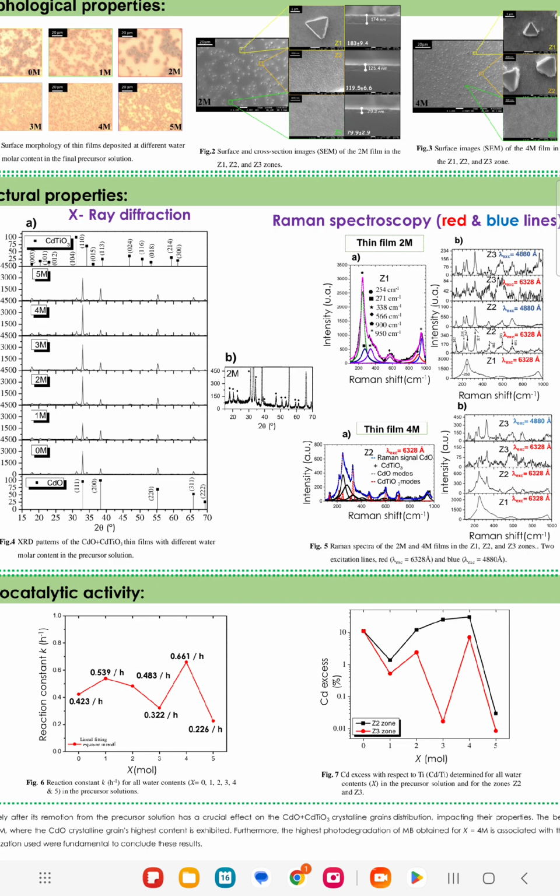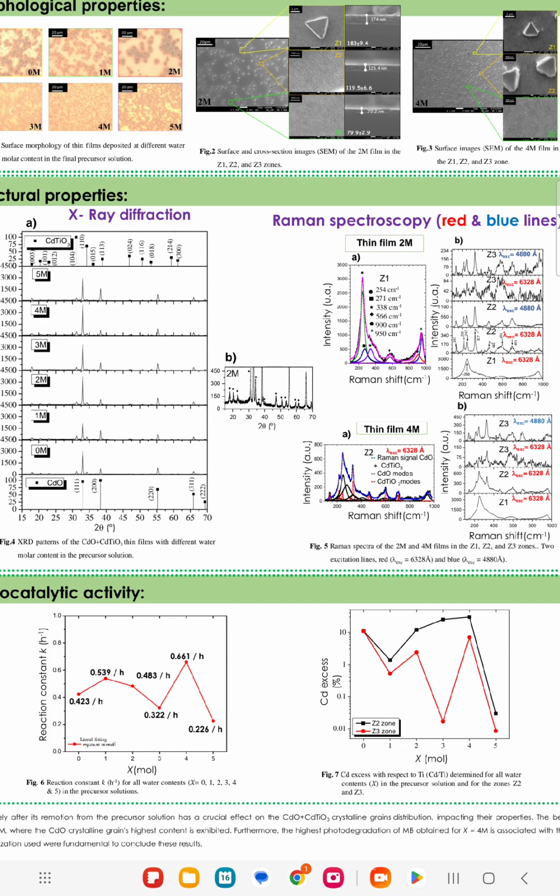We can see that in the Z2 zone it has the higher cadmium excess, and in the Z3 zone we also have the higher cadmium excess in comparison with all the other films for these two zones.